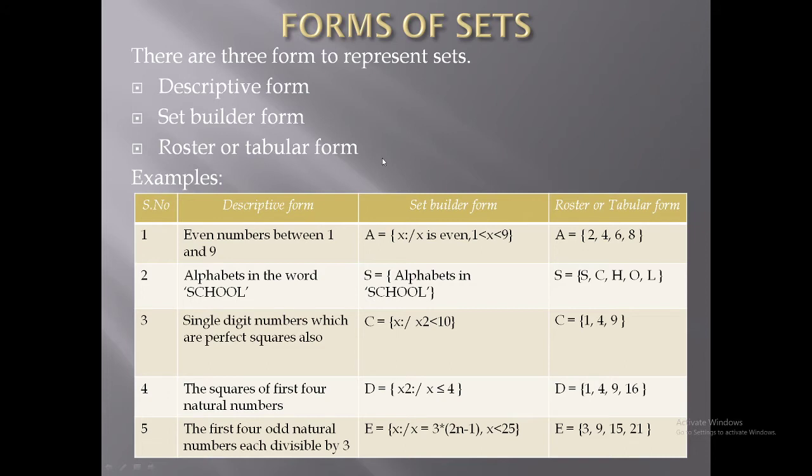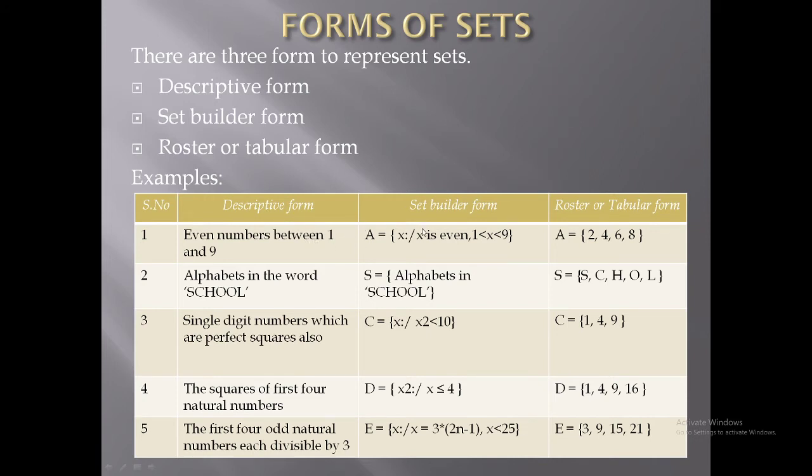In this slide, I am trying to say the forms of sets. In general, three forms are there: descriptive form, set builder form, roster or tabular form. In this table, I explain the three forms. If we take even numbers between 1 and 9, this one is a descriptive form.